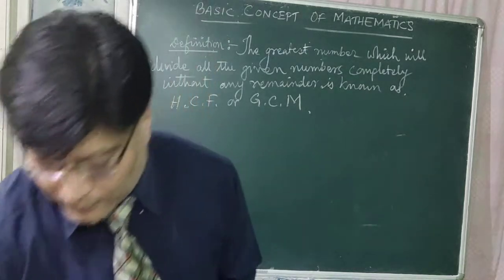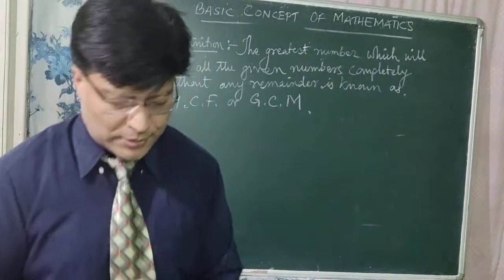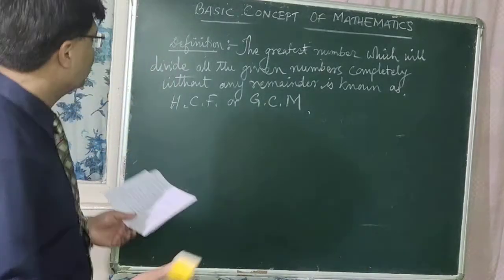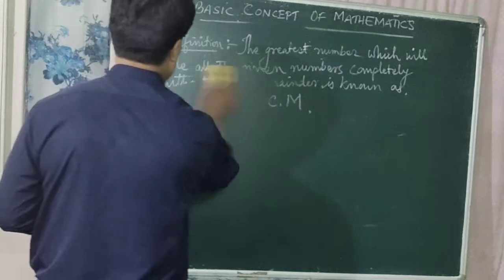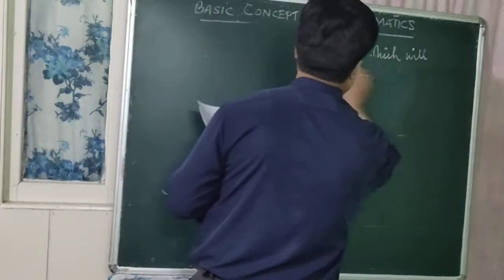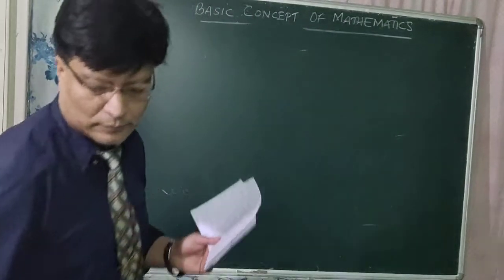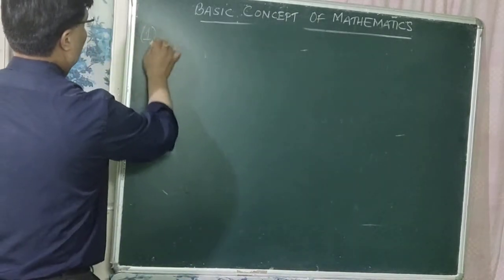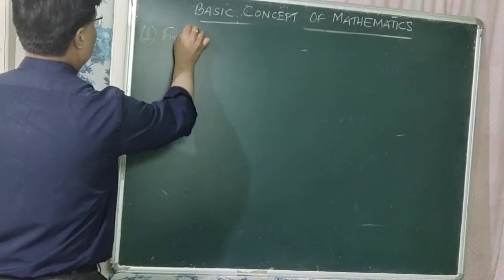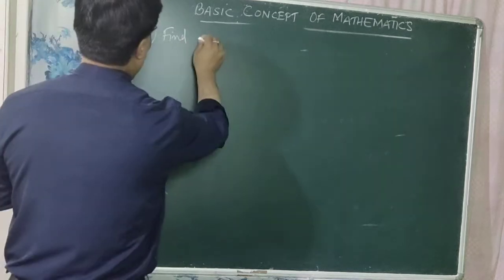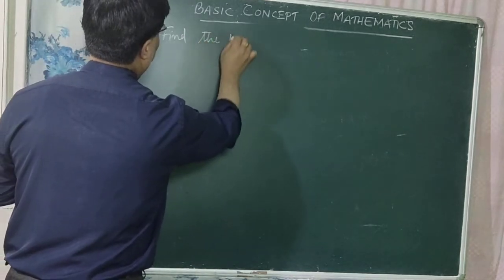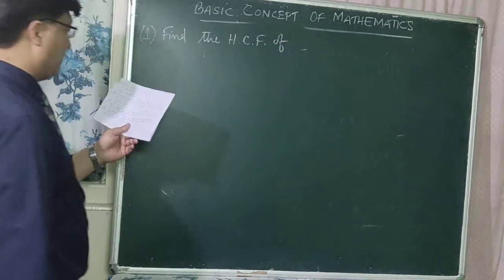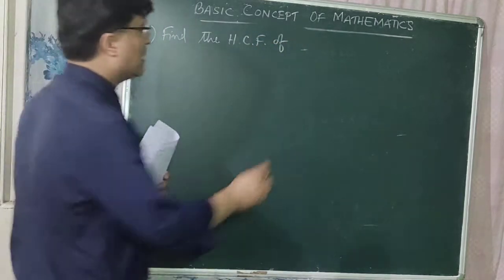Okay. So now we'll do some problems. So let us do number 1. Number 1 is find the HCF of 16 and 24.